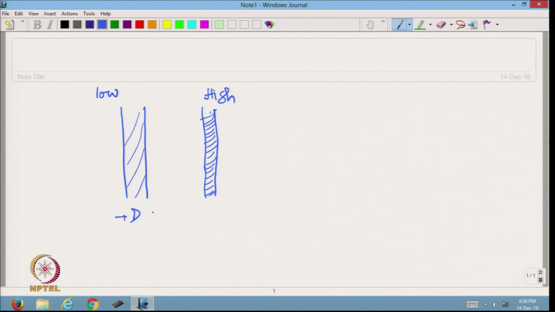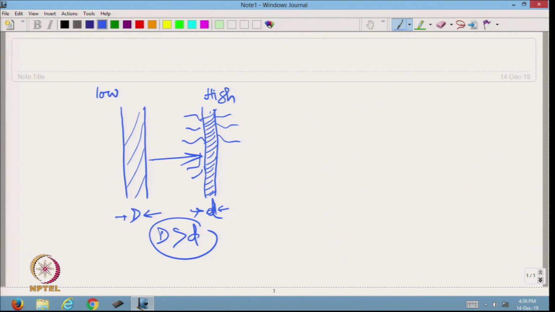The diameter of yarn is d here, same yarn count. The diameter has reduced, but at the same time with the increase in twist the hairiness has increased. Here hairiness was less.